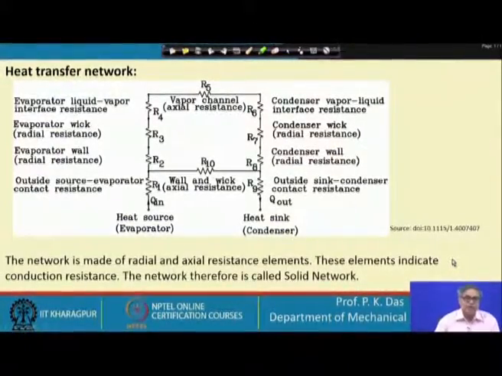Here I have shown a very simplified network representing a heat pipe; one can have much more complex ones.